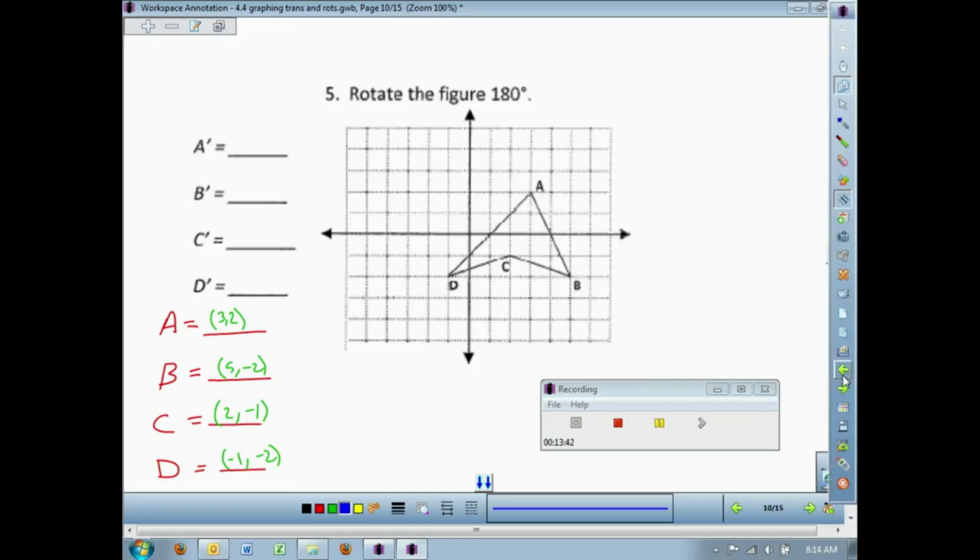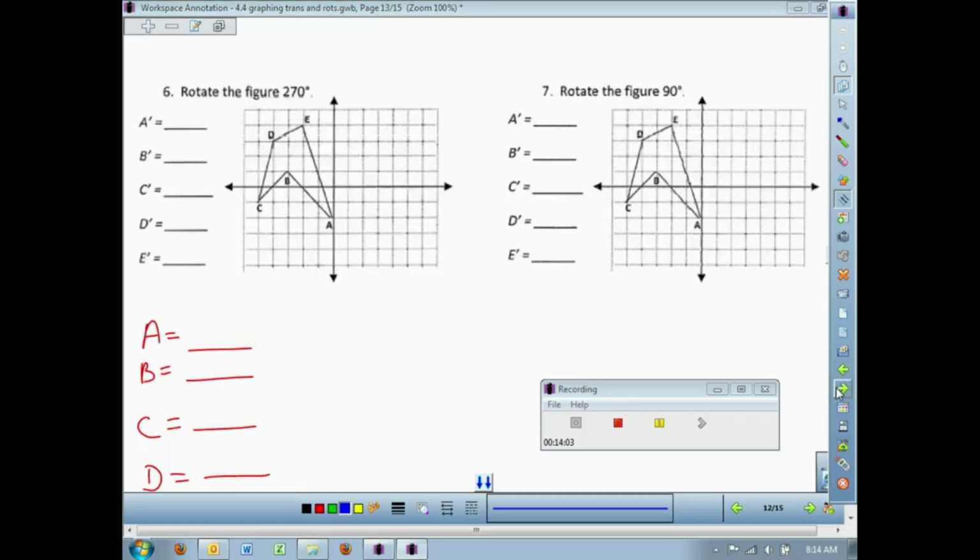So when you do that, you should pause the video and do that. And you should have got that for an answer. Check them real quick and graph them. And it looks like that figure rotated a half turn around the origin. So rotate 180 degrees counterclockwise.